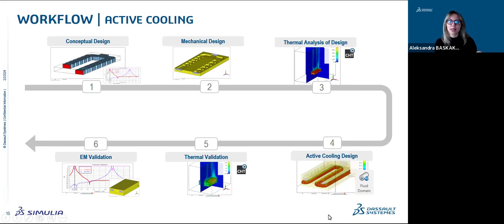A user can set up a liquid cooling scenario in addition to the natural convection in the air and compare results. More on that will be in the presentation of my colleague, Michael, in the section Thermal Management for Higher Power Components. So if you're interested in the topic, please stay tuned.